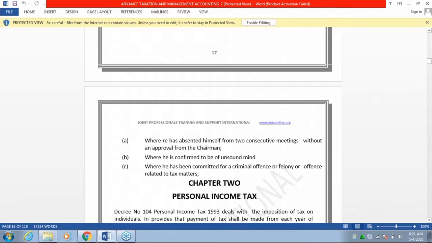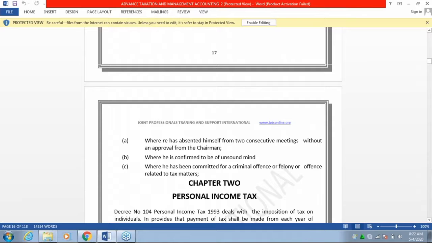And at the same time, where he has been convicted of a criminal offense or felony or offense related to tax matters, that is falsification of the profit of an organization, it is an offense. Whoever we call a commissioner or a legal practitioner or a tax practitioner, they must always obey what the law says.